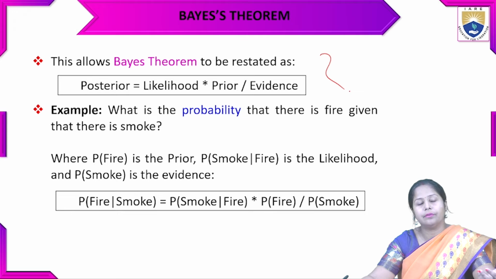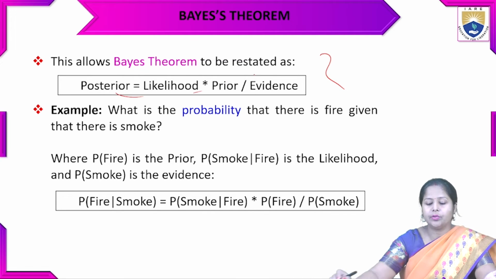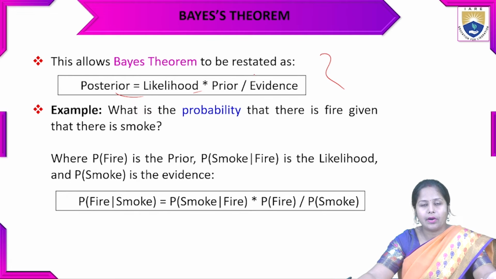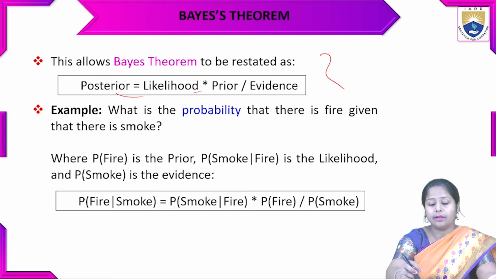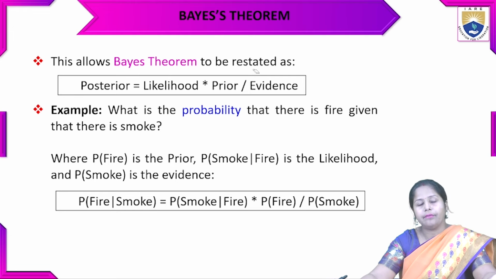So how to restate? We can write the Bayes theorem again: the posterior is equal to likelihood into prior divided by evidence. That is the opposite of the rule we have written earlier. So here the posterior will be equal to likelihood into prior divided by evidence.